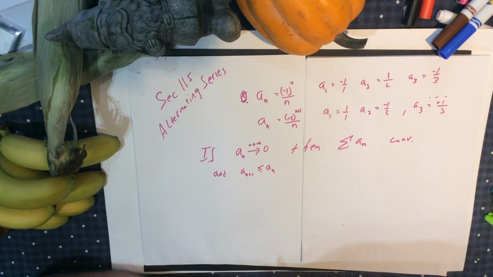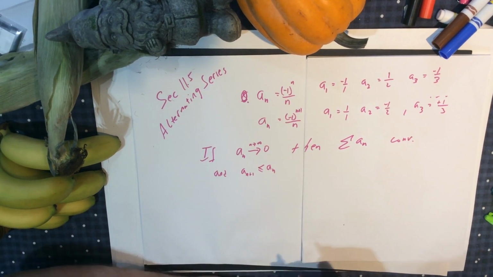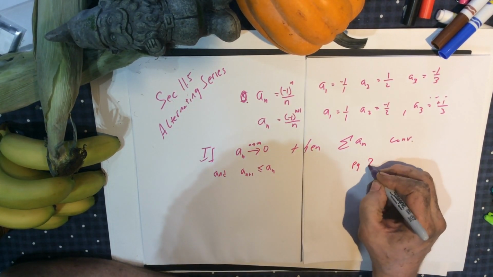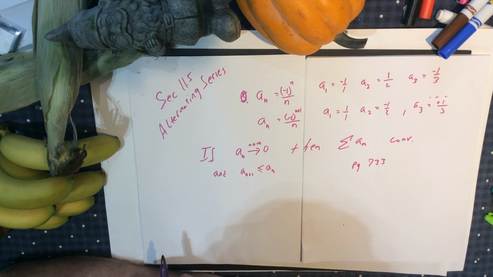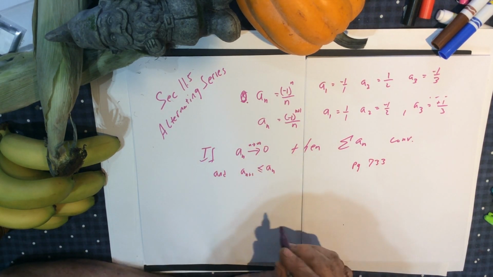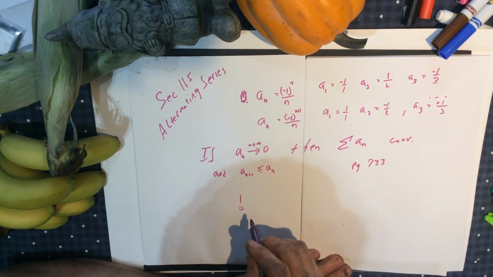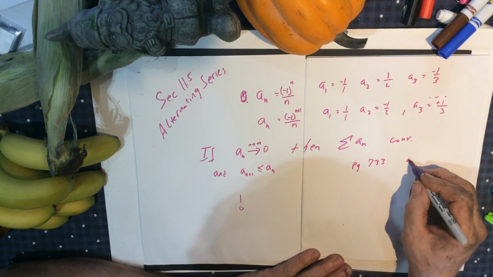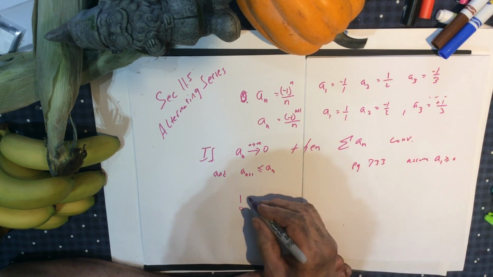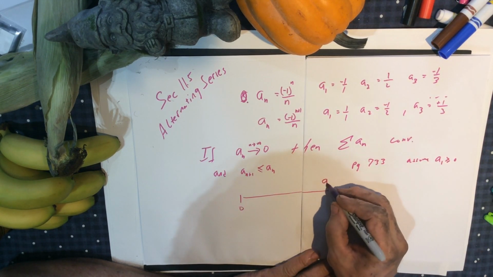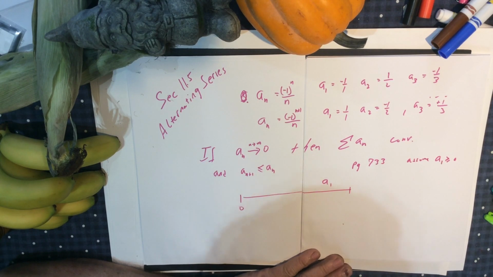So I'm going to draw a picture of the proof, just as they've done on page 733, and I'm going to point out how nicely these things come together. So let's start at 0 and assume the first term is positive. So we go over this amount to a1.